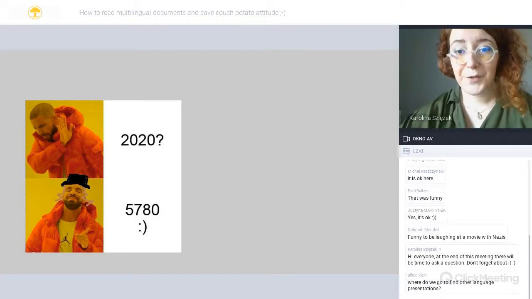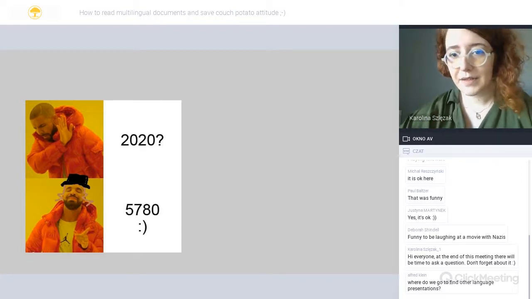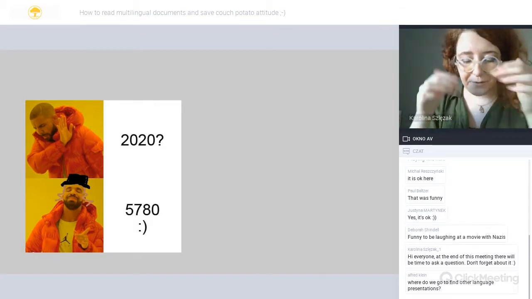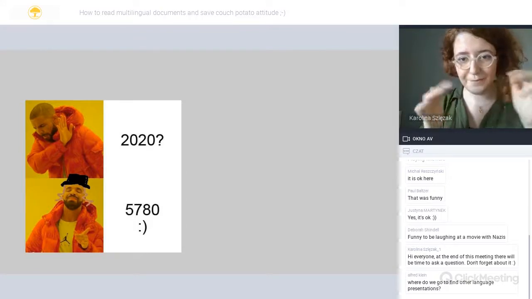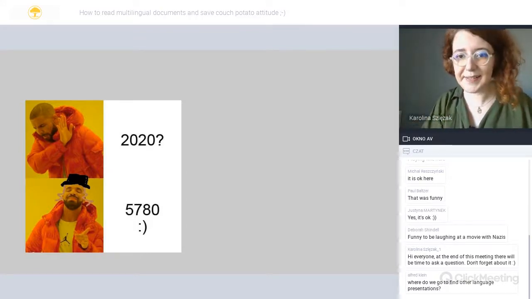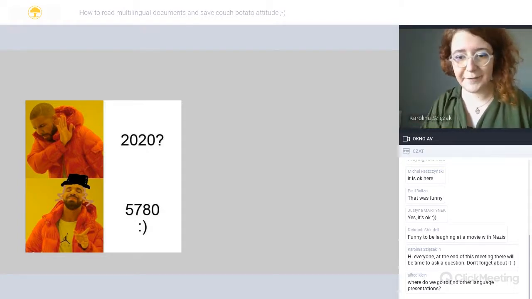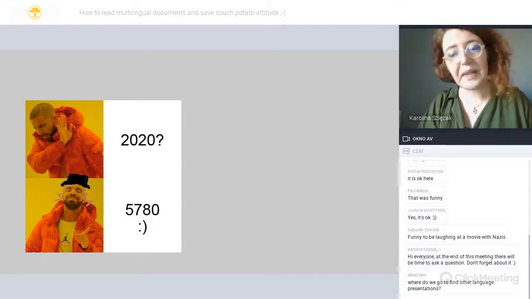And now we go to a little bit of maths, because we don't always have things that are indexed and already translated for us in the databases.